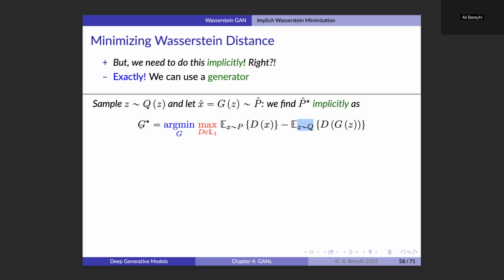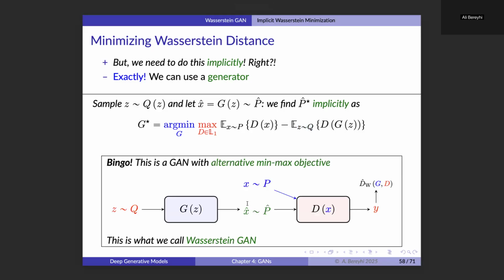And that G star, even though I don't know exactly its output distribution, I can say that that output distribution is going to be close to the data distribution, right? So it's a kind of implicit way of minimizing with respect to data distribution, as we did before. So this is going to again end us up with one GAN distribution. So we're going to start with latent.